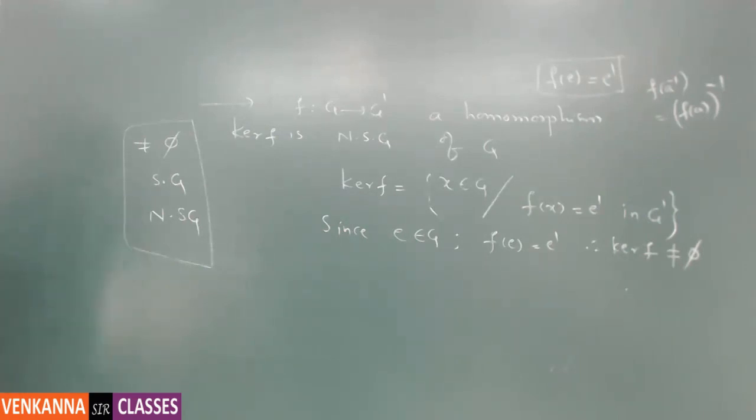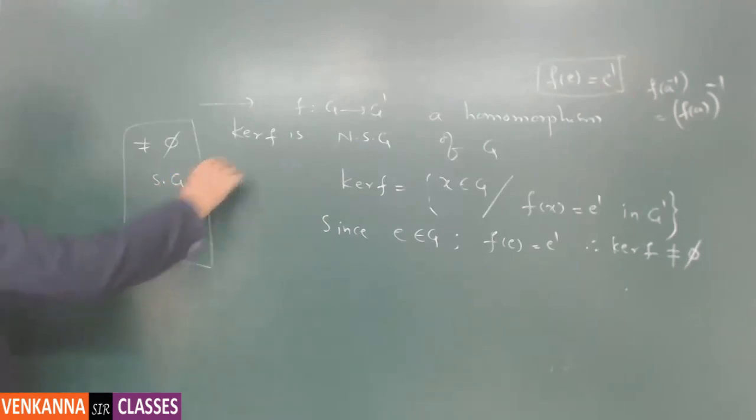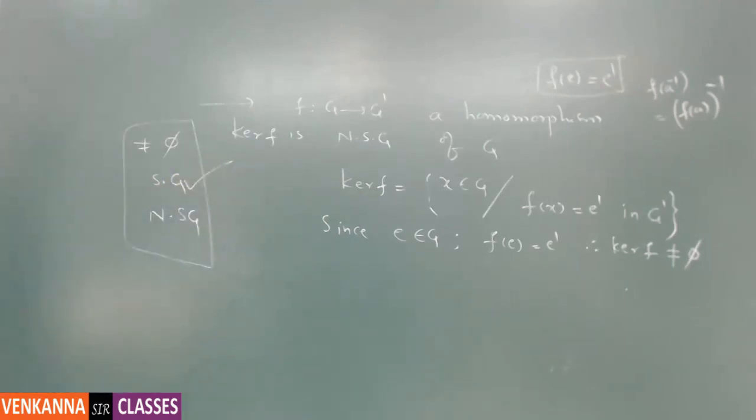So coming to the second criteria, how to prove that it is a subgroup? What procedure do I need to apply here to show that kernel f is a subgroup? Or generally think that whenever I have a set, if I want to show that it is a subgroup, what procedure do I need to follow? Yes, you are going to apply the necessary and sufficient conditions.